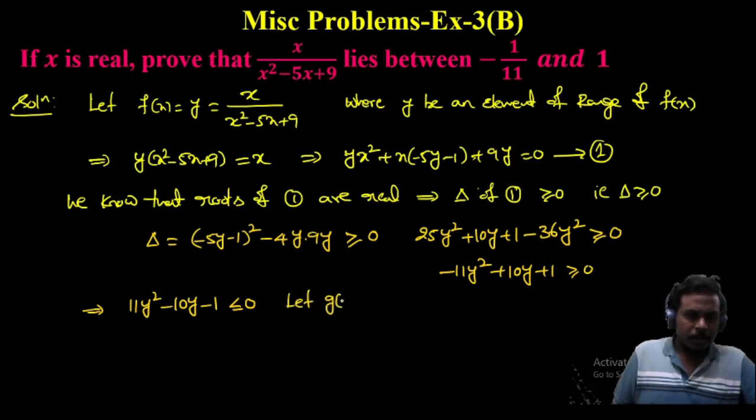Okay, let g of y be equal to 11y square minus 10y minus 1.